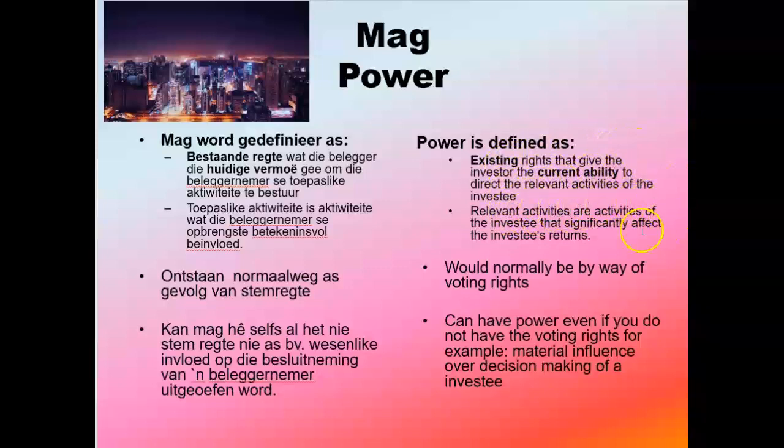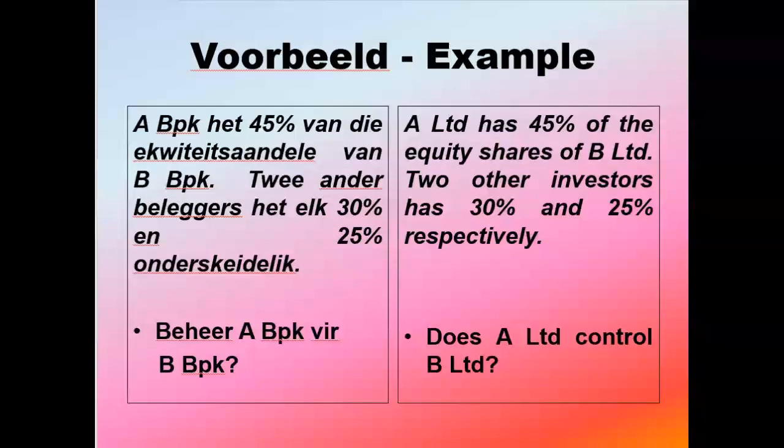Relevant activities are activities of the investee that significantly affect the investee's returns. So, number one, does X Limited have an existing right which gives them the current ability to direct the relevant activities of A Limited?